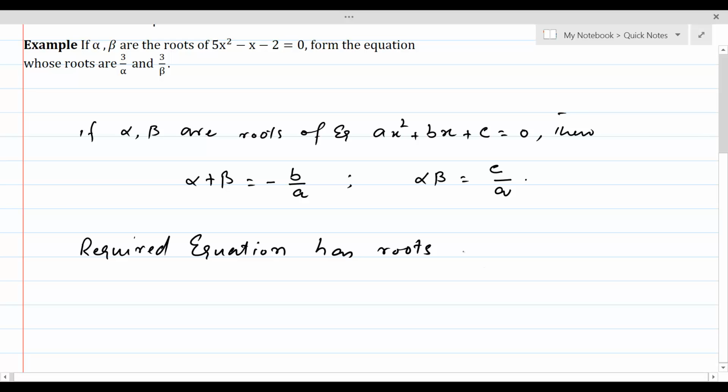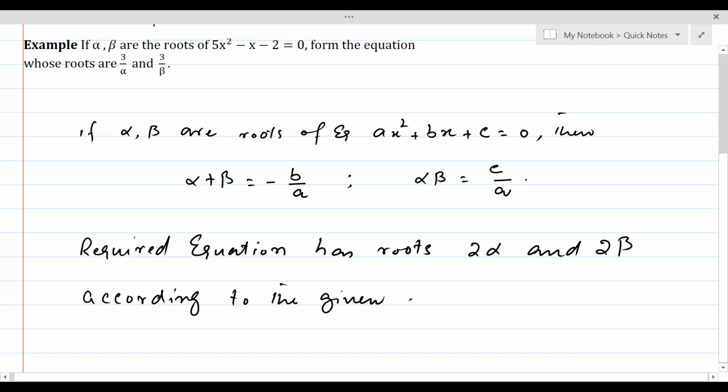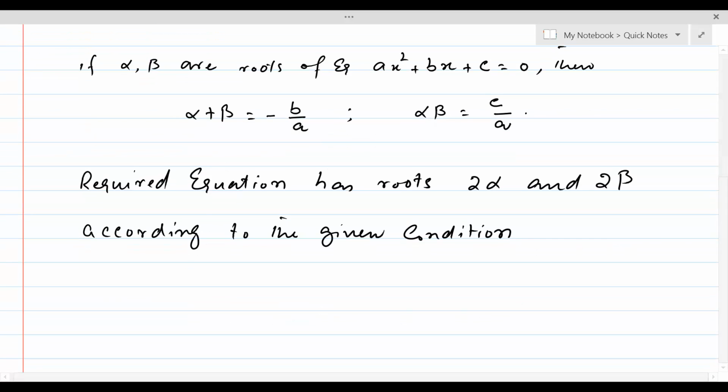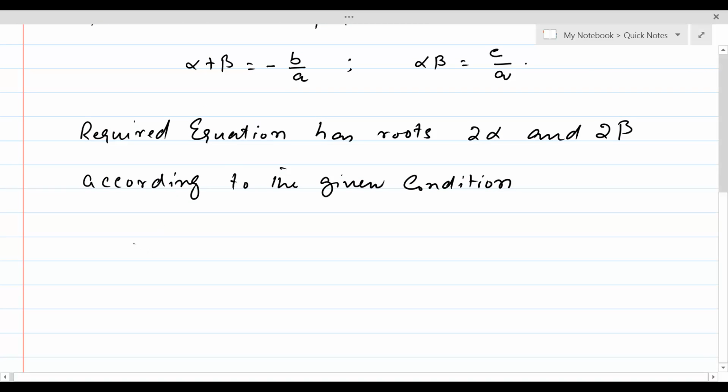Required equation has roots 2 alpha and 2 beta according to the given condition. Now for required equation we will find the sum of roots. So sum of roots of required equation is equal to 2 alpha plus 2 beta.